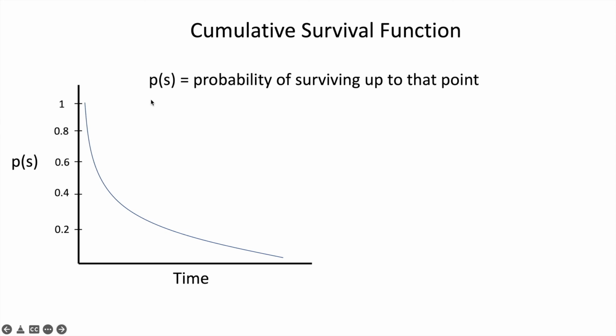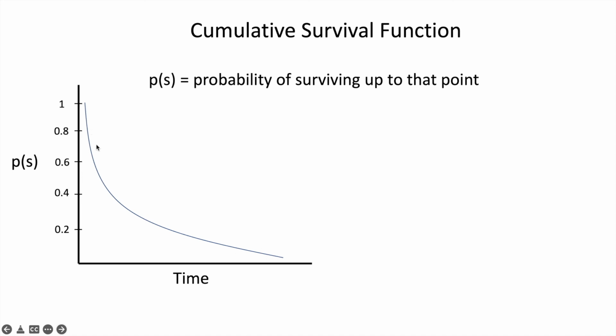Cumulative probability is another important concept as long as we're talking about survival functions. So it's the probability of survival plotted against time, and you start out with a high probability of survival, but as time goes on, the odds of surviving almost goes to 0.